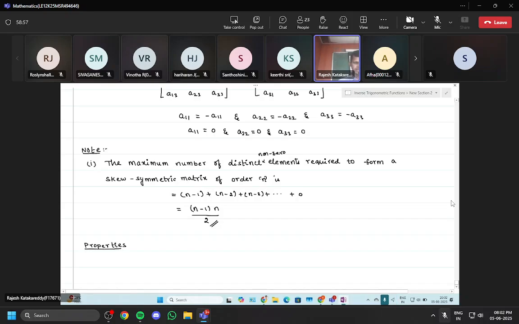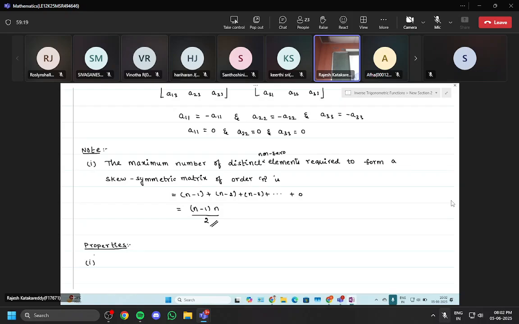So guys, in properties, who will tell me how many skew symmetric matrices of order 1 are possible and what are they?